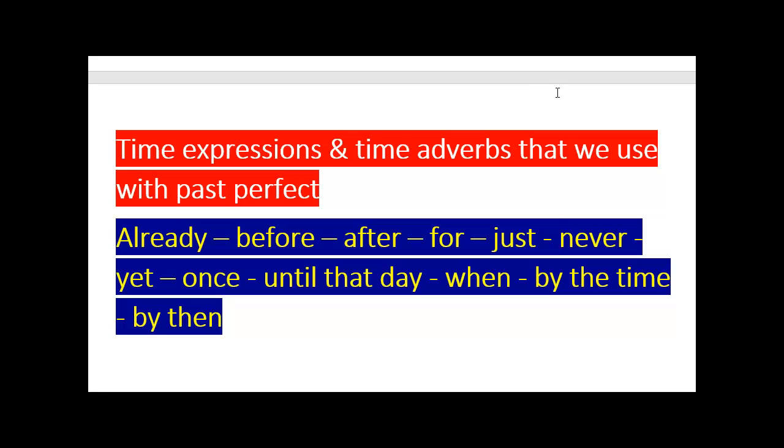All these are time expressions or time adverbs. They're very important. They help you. Time expressions and time adverbs help you a lot to know exactly which tense you're going for.